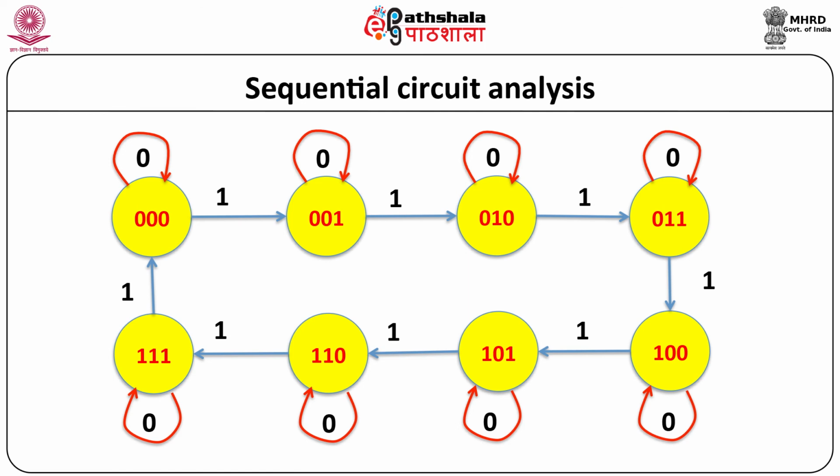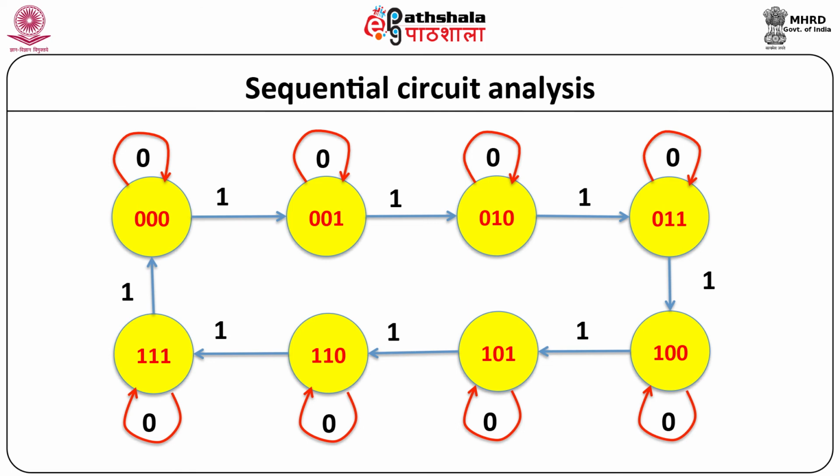There are 8 states which could be identified as 0 0 0, 0 0 1, 0 1 0, 0 1 1, 1 0 0, 1 0 1, 1 1 0 and 1 1 1.